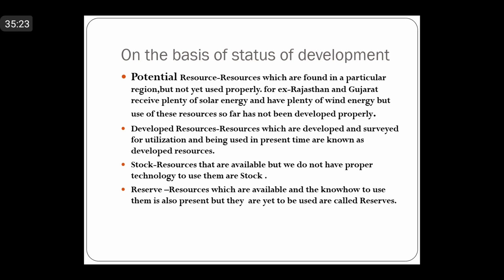Okay, so let us sum up what we have learnt in this chapter. What is a resource? And then the second topic, the classification of resources. We have discussed the classification of resources on the basis of origin, biotic and abiotic; on the basis of exhaustibility, again two classifications, renewable resources and non-renewable resources; and on the basis of ownership, individual, community owned, national and international resources.